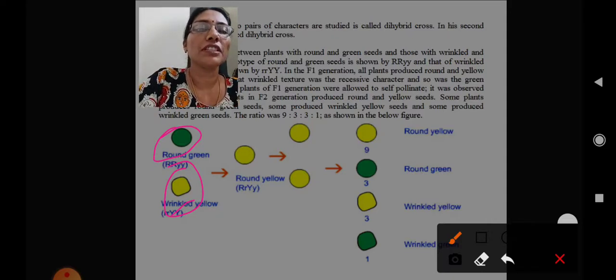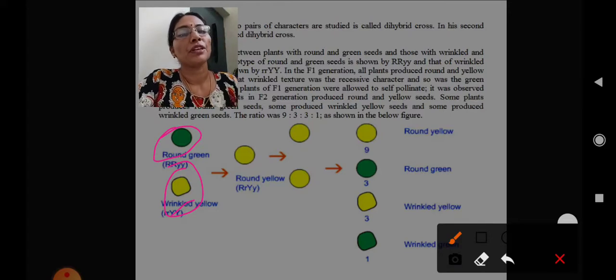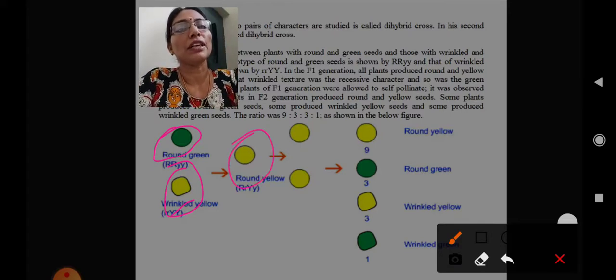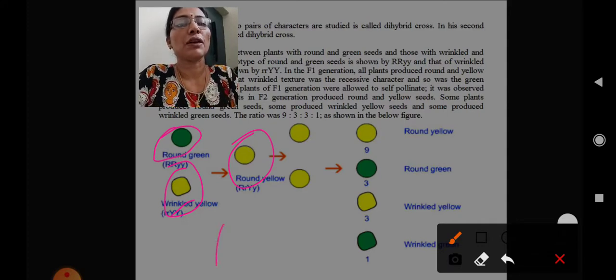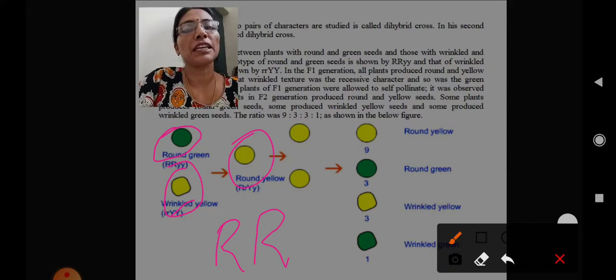So in the first generation all the seeds were round and yellow. Here you can see round and yellow seeds, round and yellow. When we go for the genotype, for round nature, that is dominant, so capital R, capital R. You know, two factors are there for a single character.